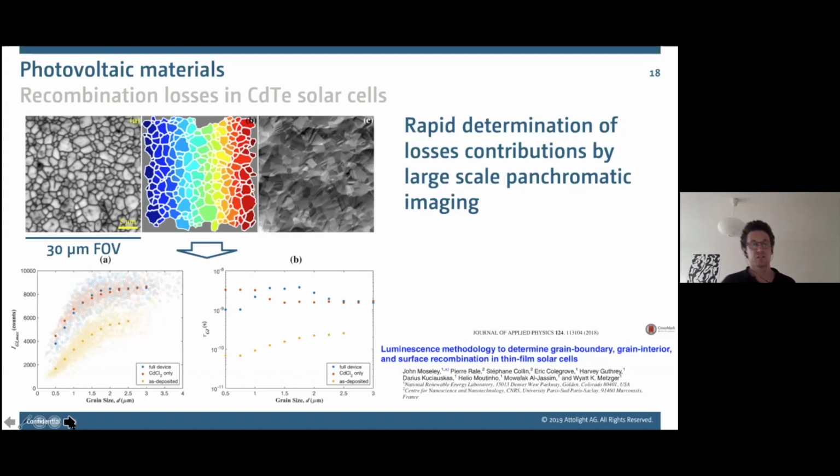For this particular application, it's really interesting because they needed statistics on large surfaces in order to, I think in that case, measure the impact of treatment to passivate grain boundaries, and they were able, using cathodoluminescence spectroscopy, to extract recombination lifetimes and things like that quite easily, actually.